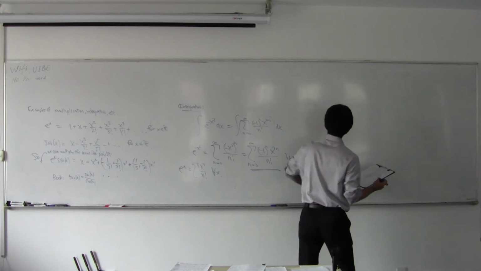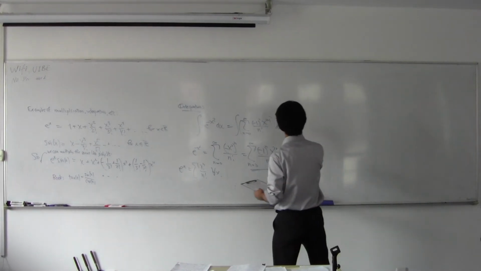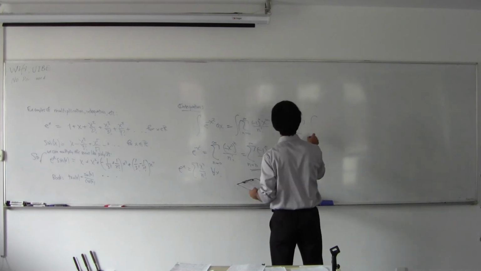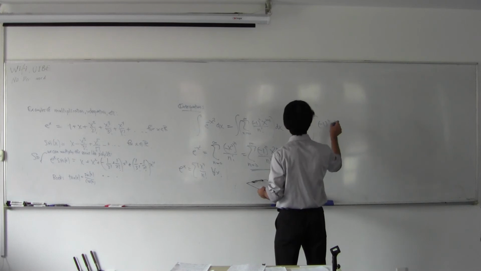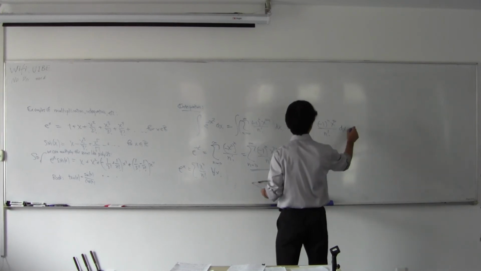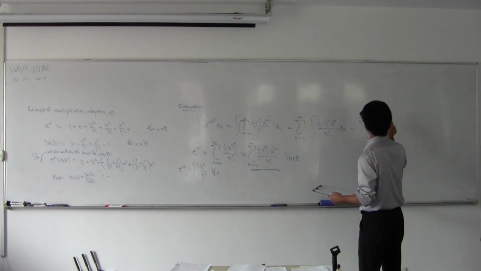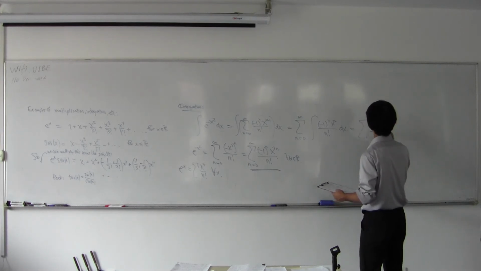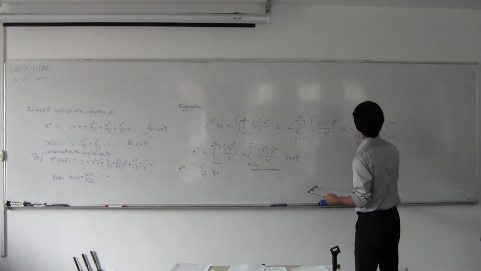But in fact, we can do term by term integration, so this is just the sum of the integrals of negative 1 to the n x to the 2n over n factorial dx, which turns out to be summation negative 1 to the n x to the 2n plus 1 over n factorial times 2n plus 1.